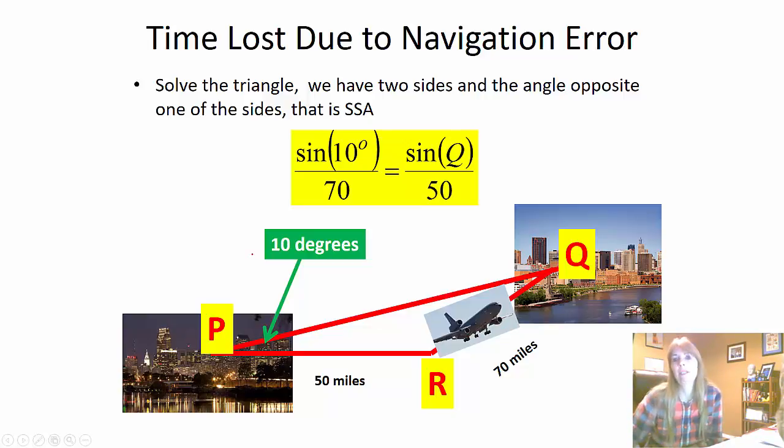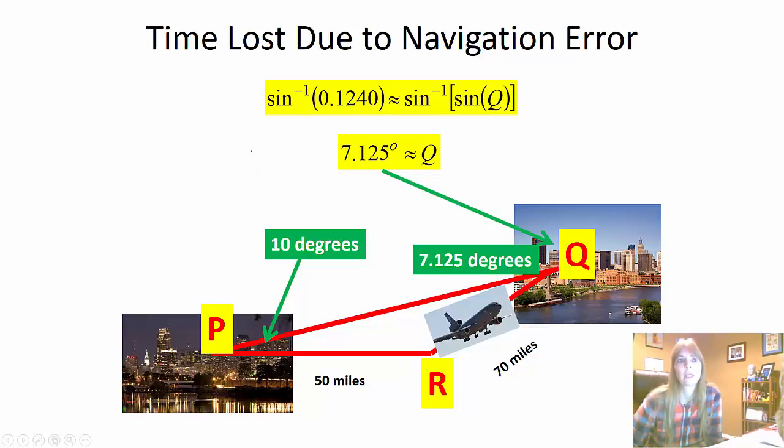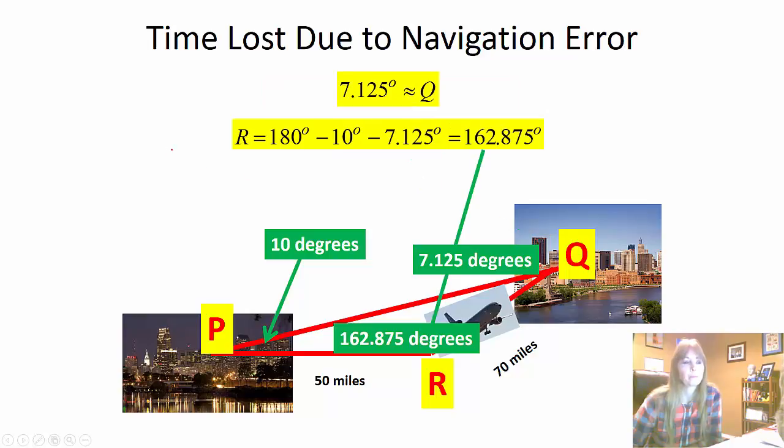And so I have a side-side-angle, and I can actually solve for this angle Q. So doing so, I plug in my sine of 10 degrees over the opposite leg, 70 miles, equals sine of Q over the opposite 50, and I get this for sine of Q, and then of course I do the inverse and I get the degrees.